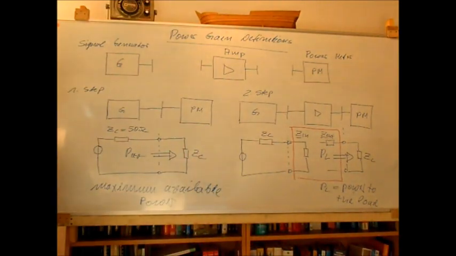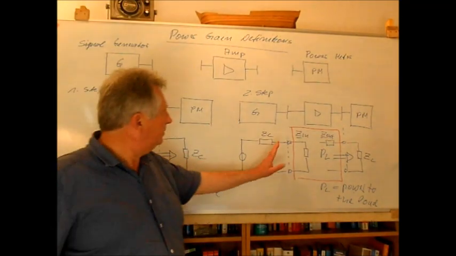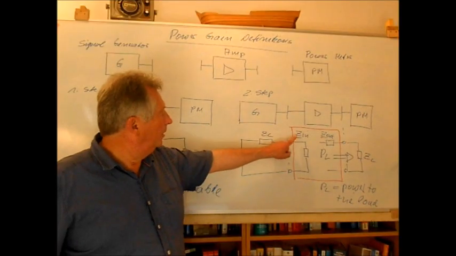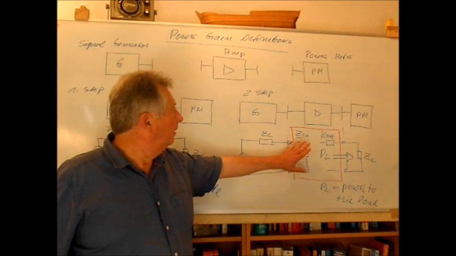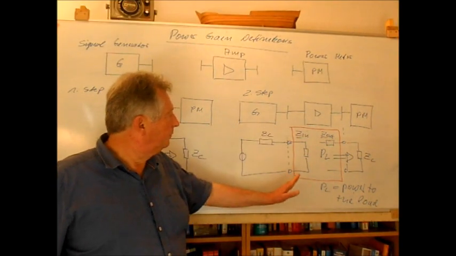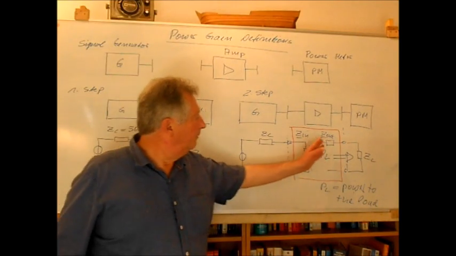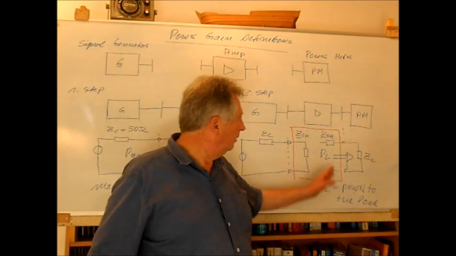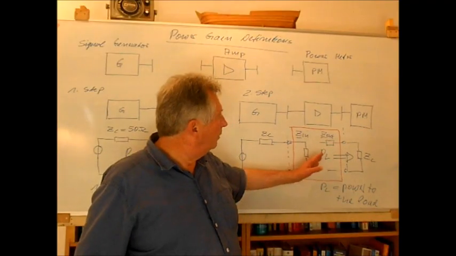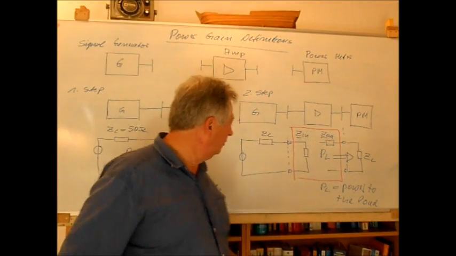So what we see here is in the first step we get the maximum available power, and in the second step we see that normally if I did not do any special consideration for the amplifier, we will not have a matching at the input and we will not have a matching at the output, so there will come a certain power, of course, to the load.